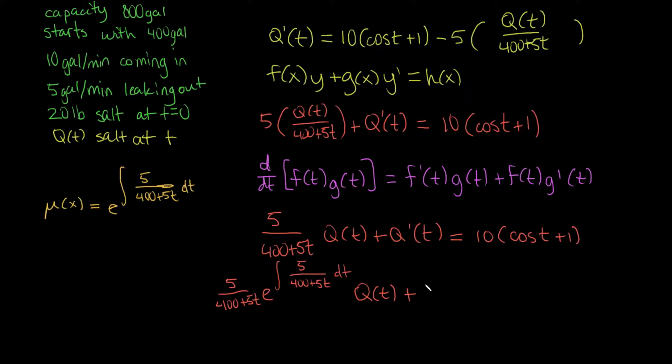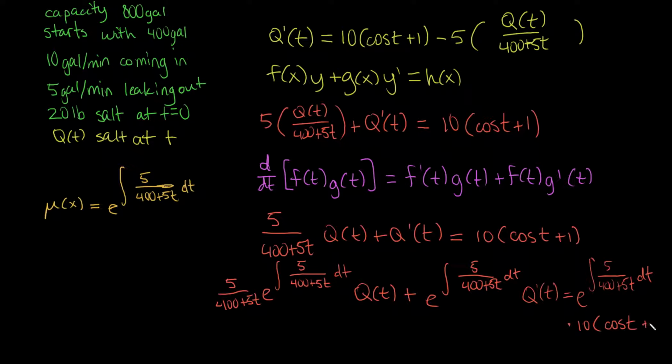And then we add here, just multiplying it in still for each term, 5 e to the integral of 5 divided by 400 plus 5t dt times q prime of t. And then this equals e to the integral of 5 divided by 400 plus 5t dt times, and we're going to have to go on to the next line here, 10 times the cosine of t plus 1.